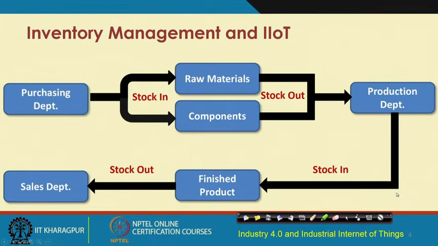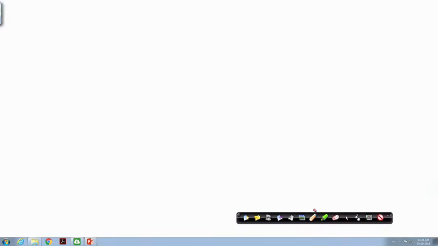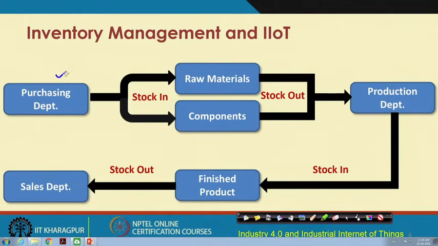So, with IIoT, all these different components that are involved in this inventory management, such as the purchasing department, the raw materials procurement, different other components getting involved, their stocking of those components, etc., sending to the production department, finished product, sales department, etc., everything can become connected.